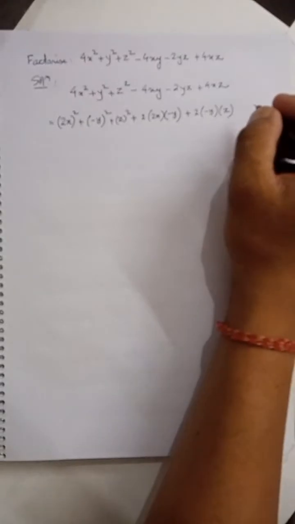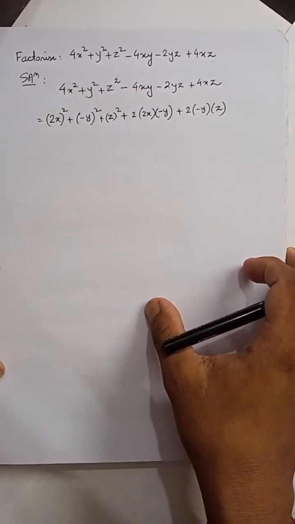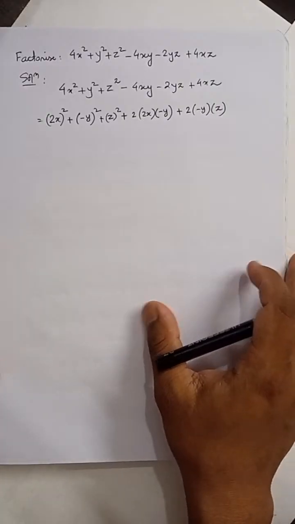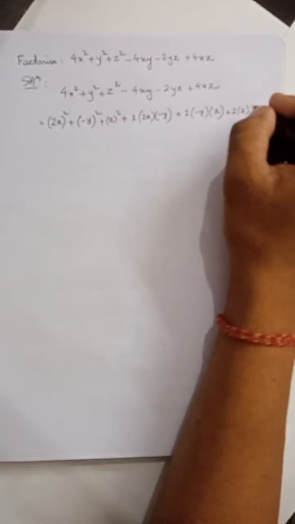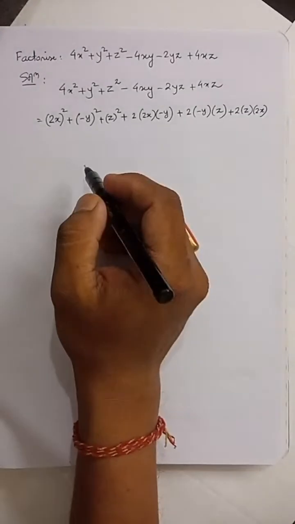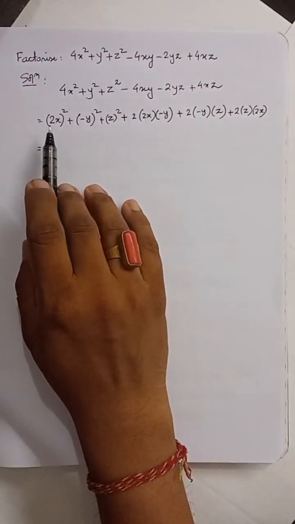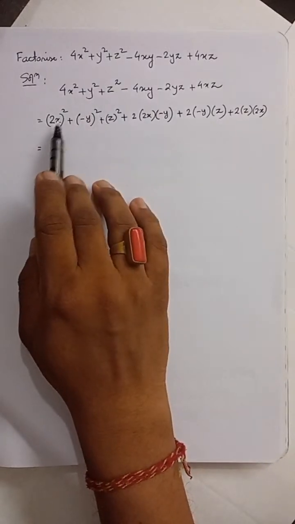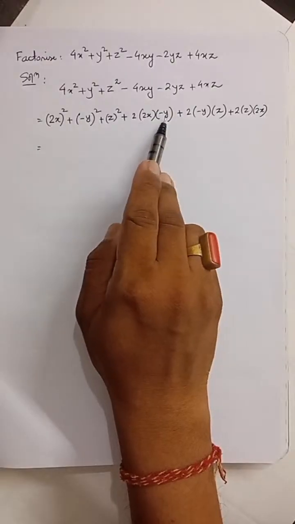Will it be visible? Just a minute. Yeah, this should be visible. Plus 2 into z into 2x. Okay, so we have 2x whole square minus y whole square plus z whole square plus 2 into 2x into minus y.